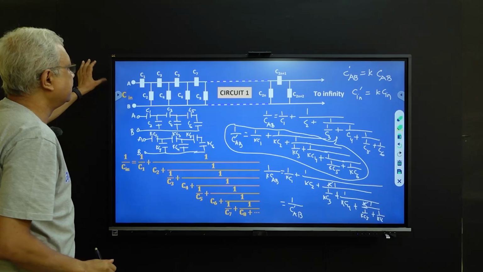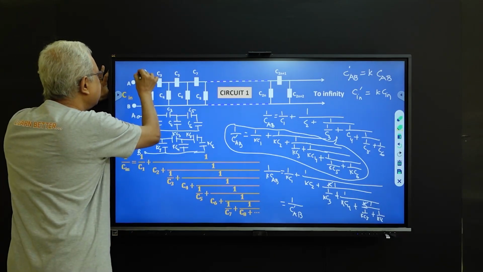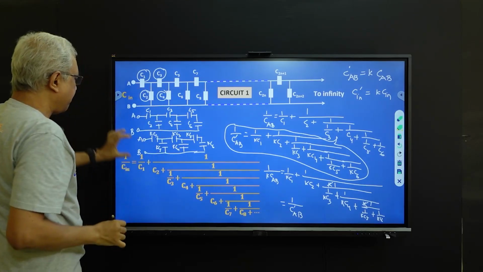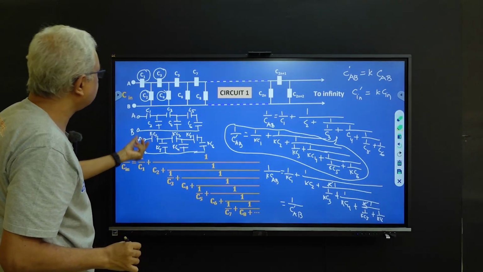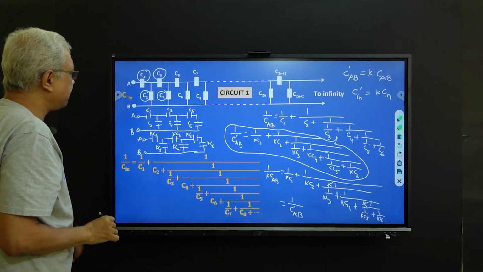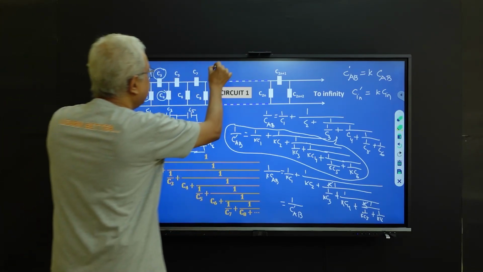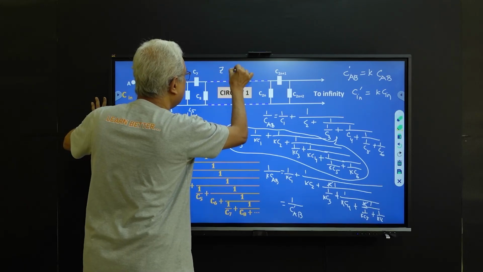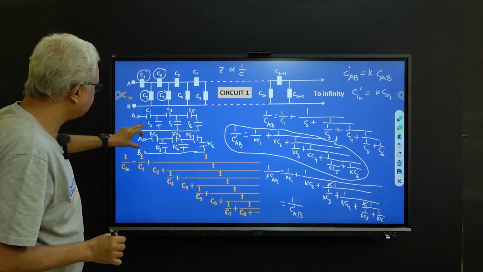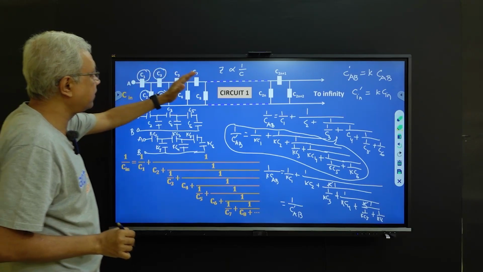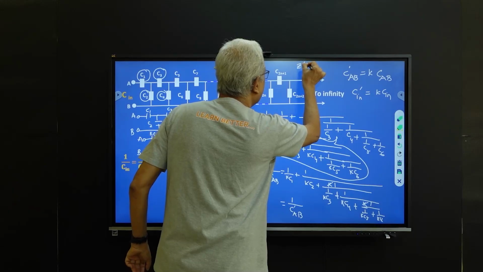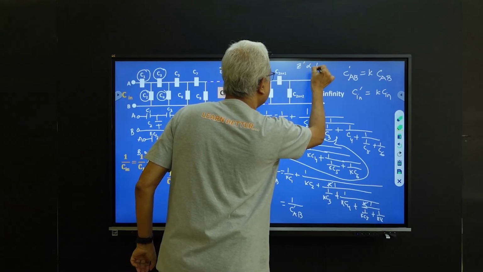Okay, so what is happening here? Though the capacitance of each circuit element is multiplied by K, the impedance Z of each circuit element is proportional to 1 by C. Since the capacitance of each circuit element is multiplied by K, you can say impedance Z dash is proportional to 1 by KC.